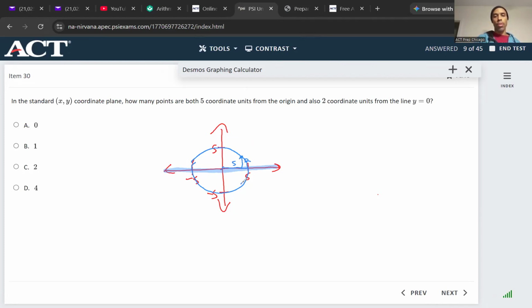And you can do that 4 times. You can do it here, then there, and then there. So it's going to be 4 points. That should be D. All of those points are on the circle, meaning they're 5 units from the origin, and you could draw them such that they're 2 units from the x-axis. All right, that's 4.